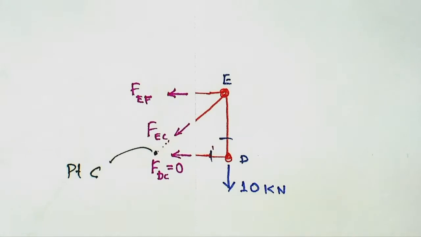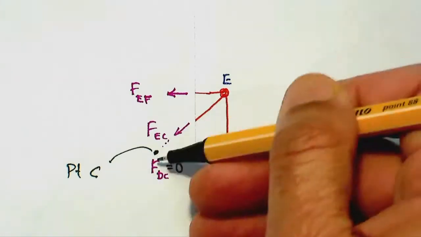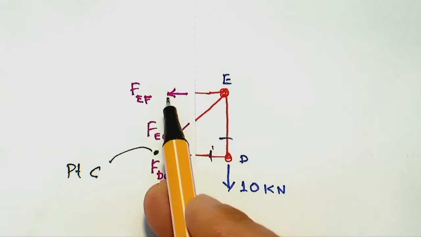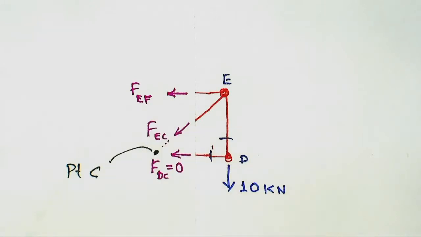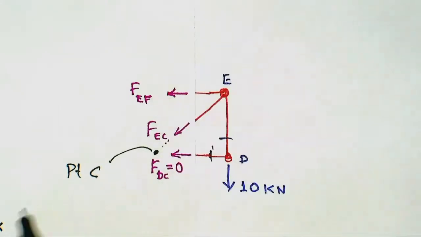If I take moment about point C, moment about point C equal to 0, then moment due to DC would be 0 because the force is 0 anyway, but also because it passes through point C. Moment due to EC would be 0 because that passes through point C. What about FEF? There would be moment. So FEF times the distance. The perpendicular distance from this point is 1 meter.